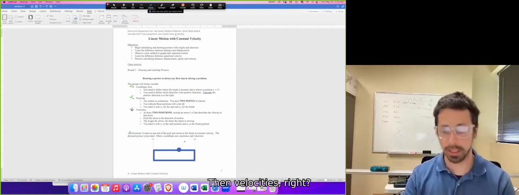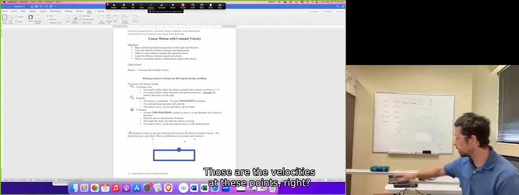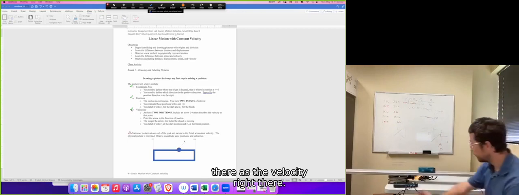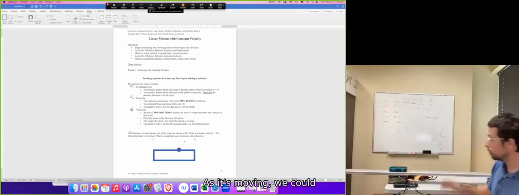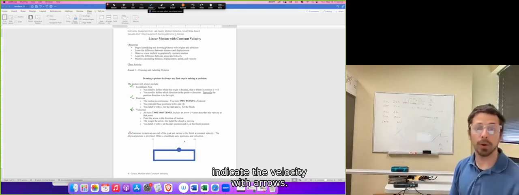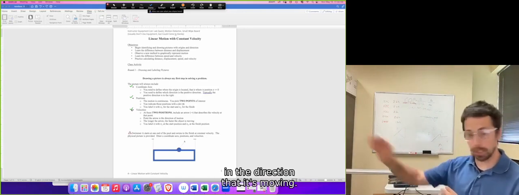Then velocities. Those are the velocities at these points. So as it's moving, it has a velocity right there, it has a velocity right there. We could indicate the velocity with arrows. Those arrows will point in the direction that it's moving.